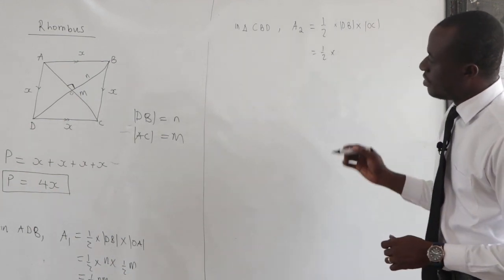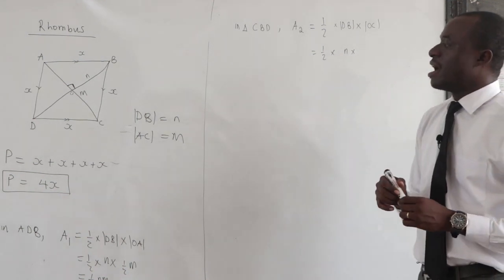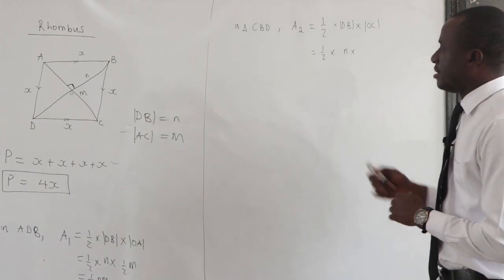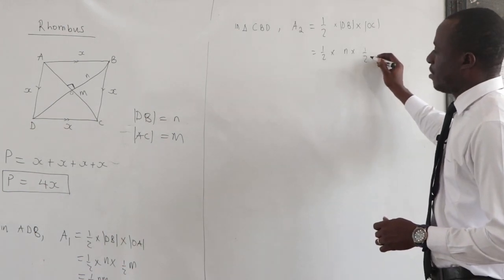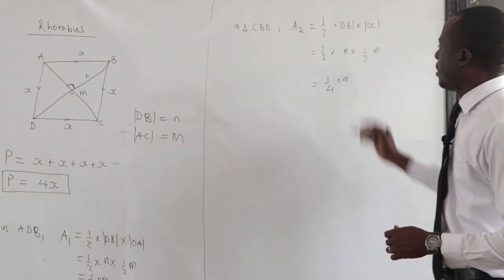Now what is DB? DB is giving us N. What is OC? OC is half AC. So clearly that is half M. And this will also give us 1 over 4 NM.